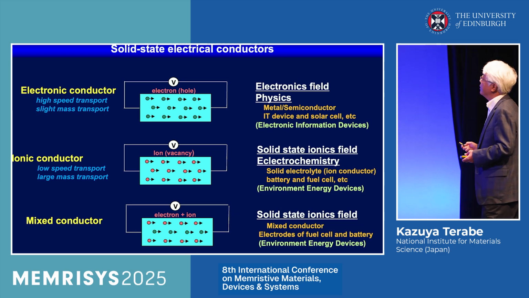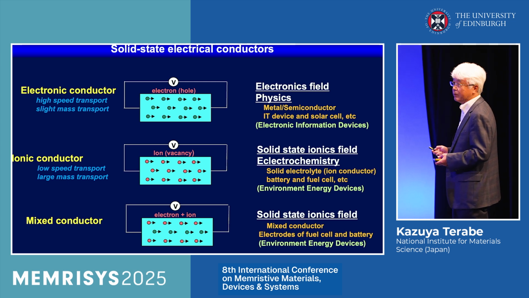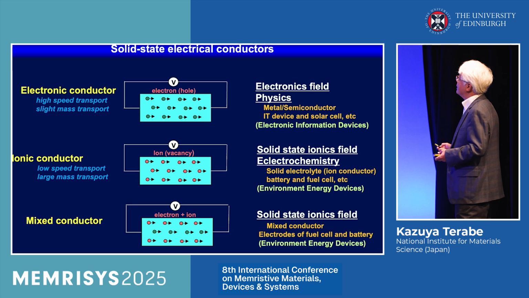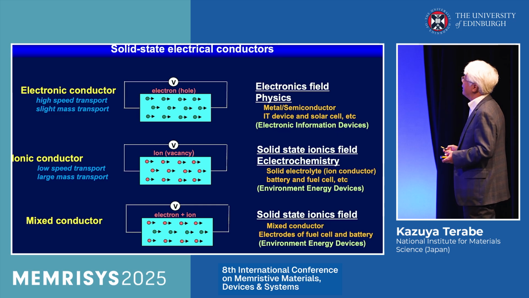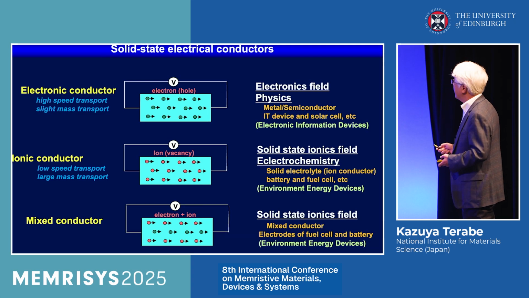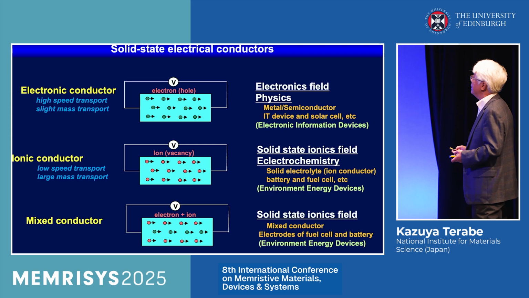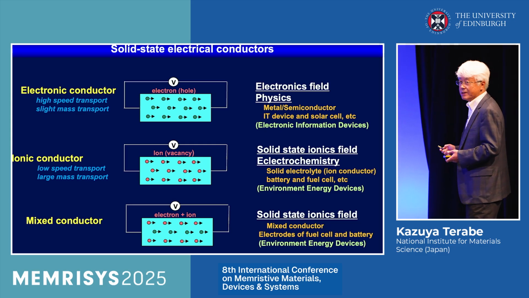This field is called solid-state ionics, and this behavior is treated by electrochemistry. The materials used are solid electrolytes, namely ion conductors, and the devices recently focused on are mainly the battery and the fuel cell. These devices are usually used as environmental and energy devices.